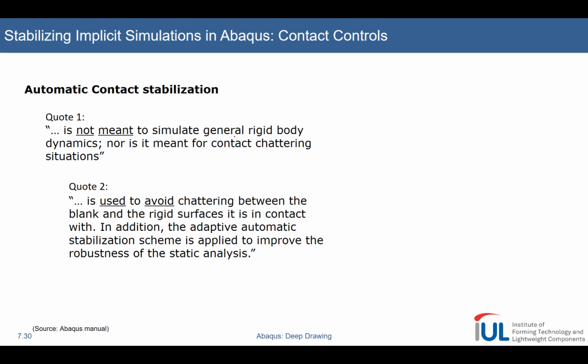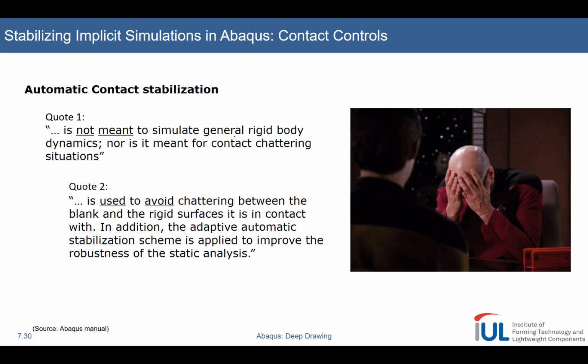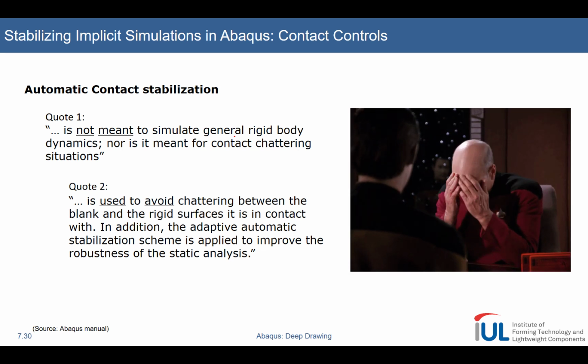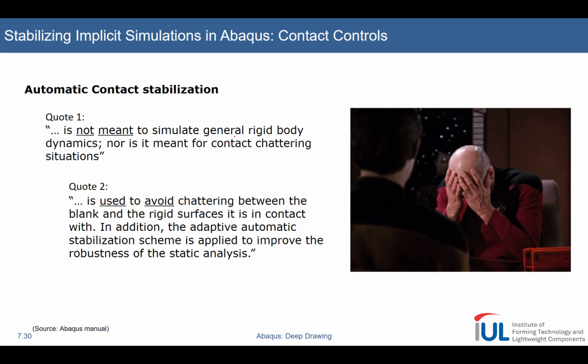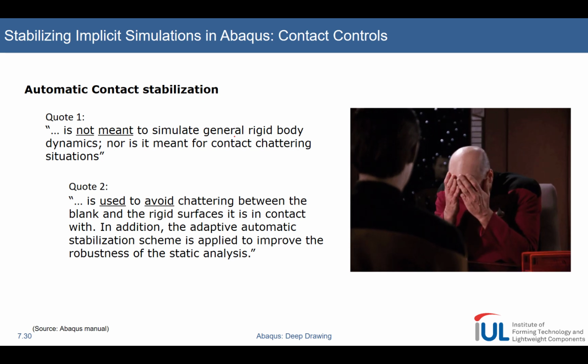Quote 2: automatic contact stabilization is used to avoid chattering between the blank and the rigid surfaces it is in contact with. In addition, the adaptive automatic stabilization scheme is applied to improve robustness of the static analysis. Hell yeah, okay. So reading the two, I was like, what? My beloved manual? Contradicting itself?